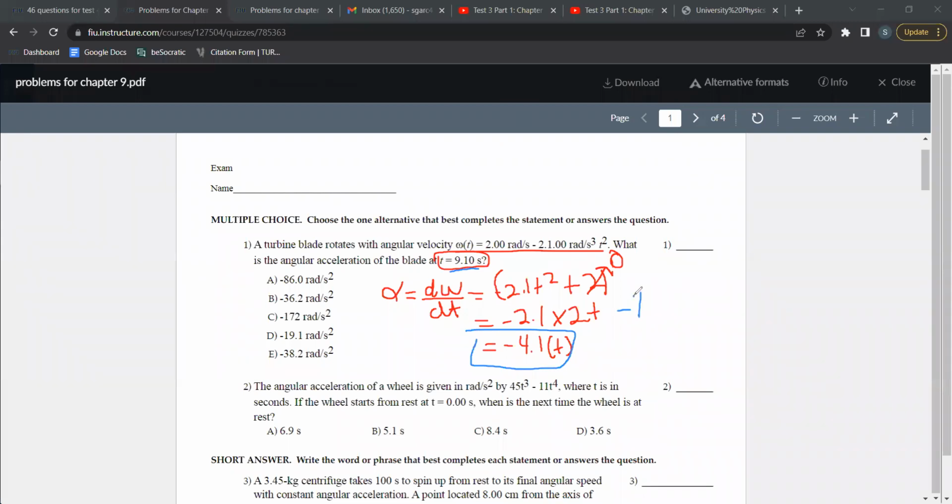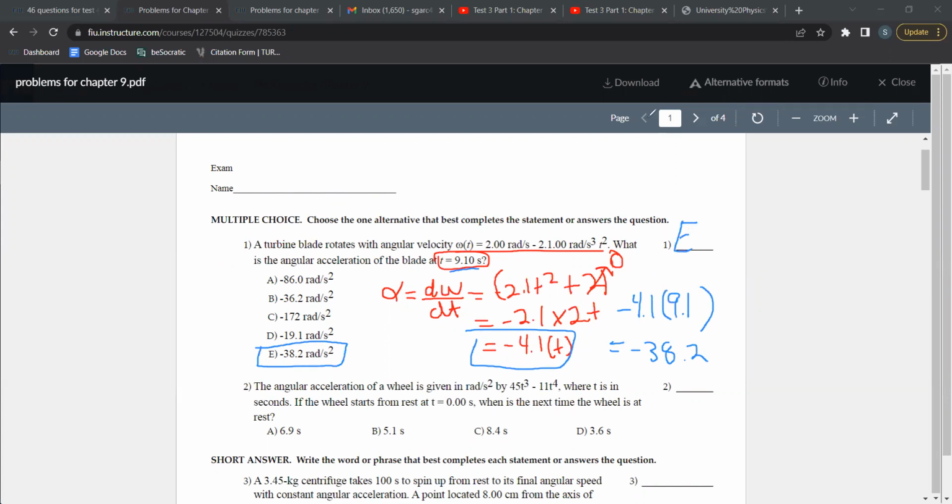So negative 4.2 times our time, which is 9.1, is going to be equal to negative 38.2, which is measured in radians per second squared. And if you look over here, our answer E matches. So our answer is E.